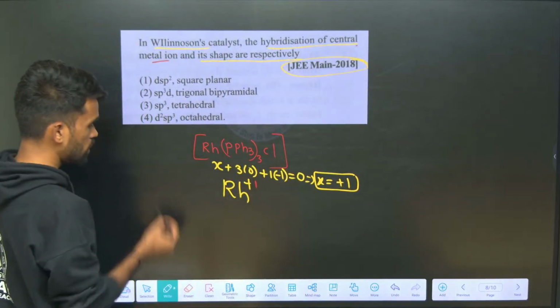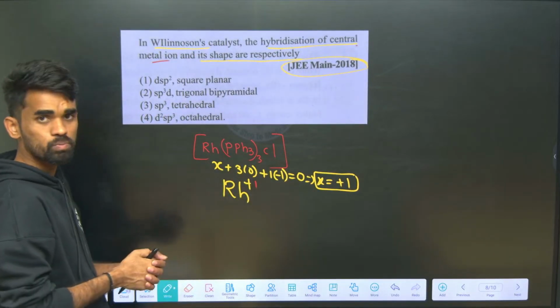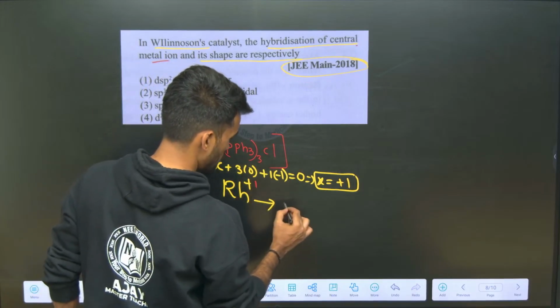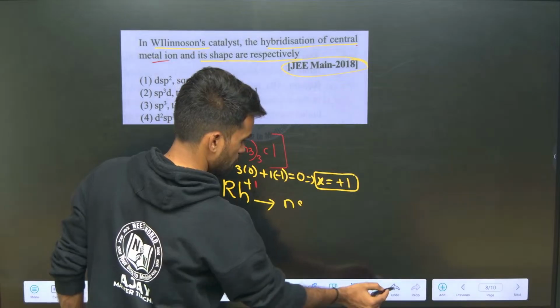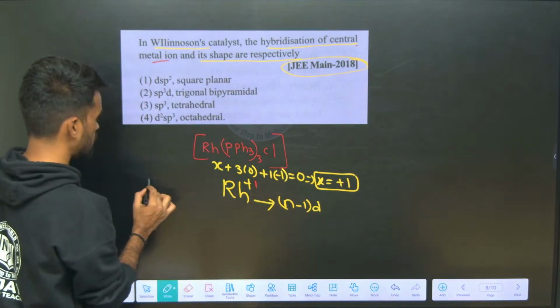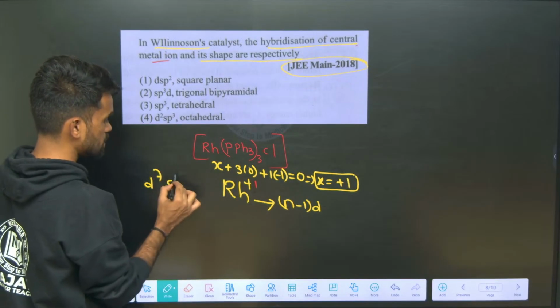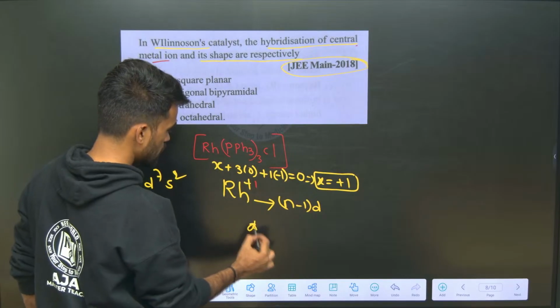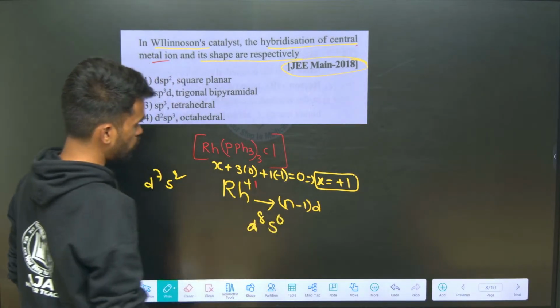Now rhodium and cobalt belong to the same group. So what is the electronic configuration? For cobalt we have just written (n-1)d7 ns2. For rhodium it will be d8 s0. Why is it d8?